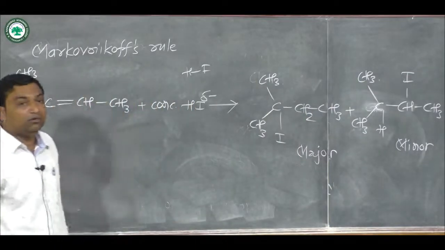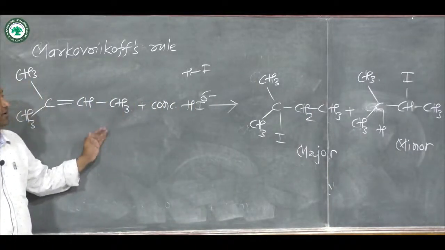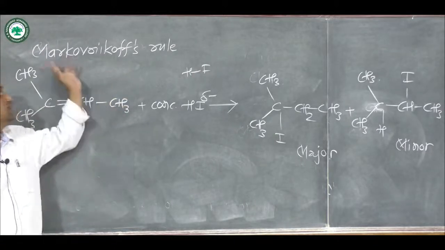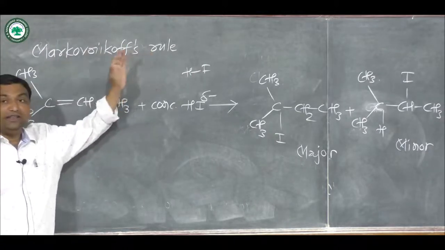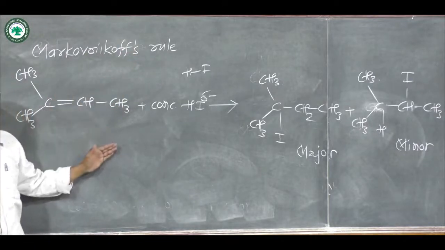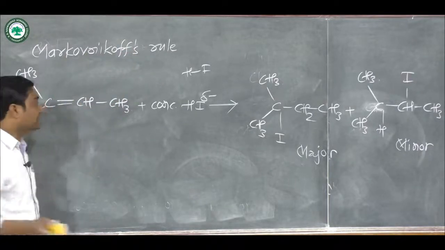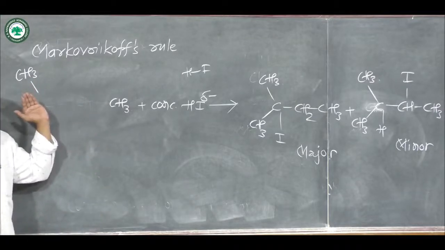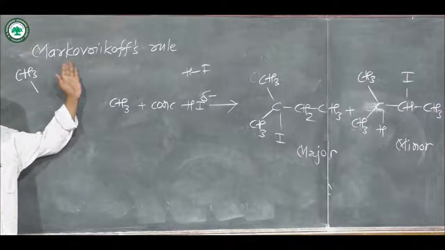This is all about the reaction of HX with unsymmetrical alkene, which follows Markovnikov's rule. The last preparation of alkyl halide also depends upon alkenes.